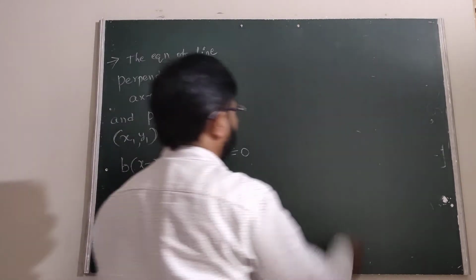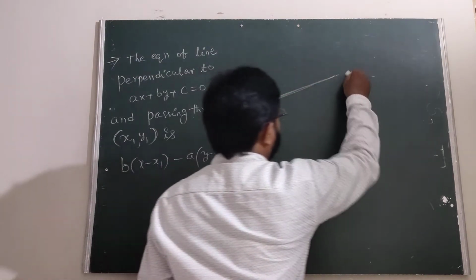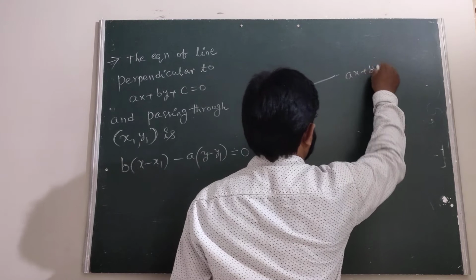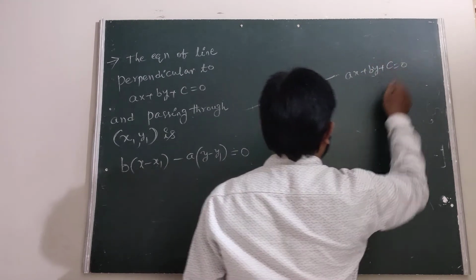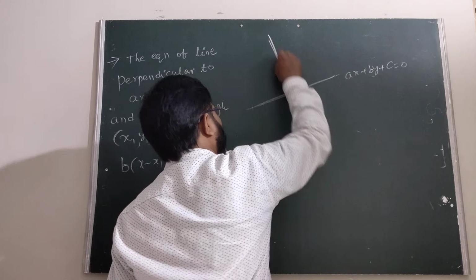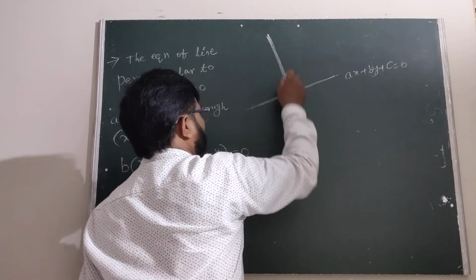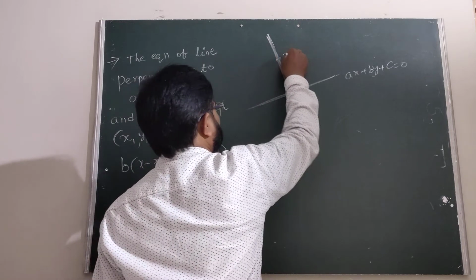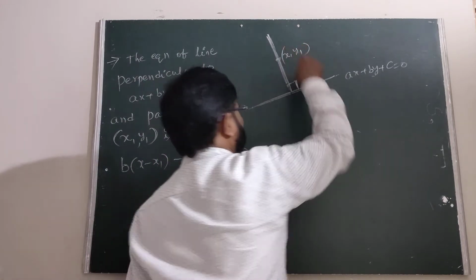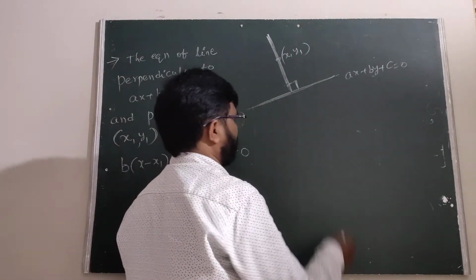This is the given line, ax + by + c = 0. This is our required line, which is perpendicular to the given line and passing through the point (x1, y1).